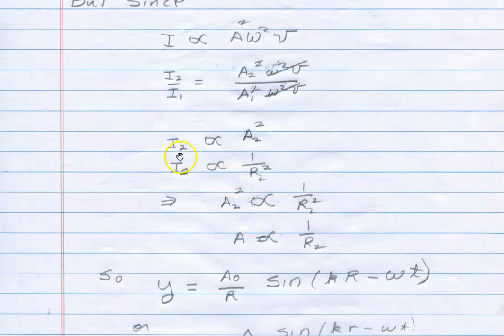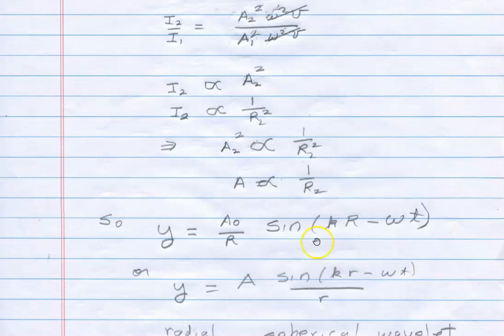And if you string this out, if this is proportional to this and this is proportional to this, you should have that the amplitude squared is proportional to 1 over the distance you are from the source squared. Or taking the square root, the amplitude has got to be proportional to 1 over the radius.